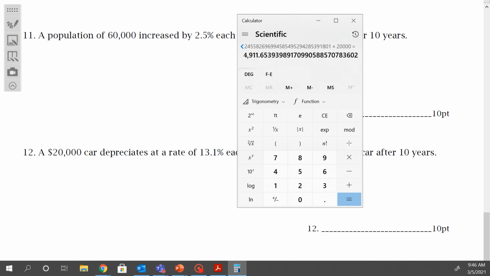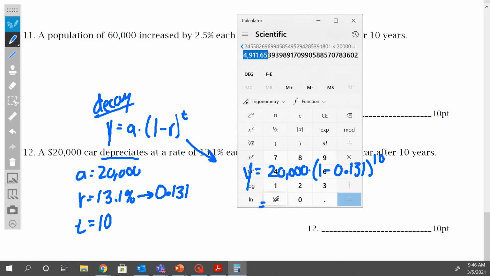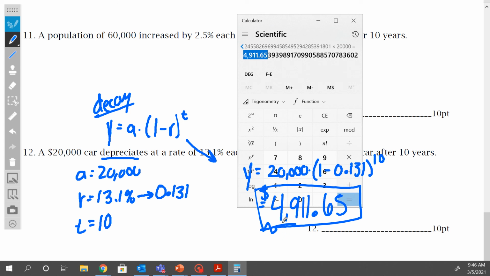Since we're talking about a car, I'll round it to the nearest penny, so $4,911.65. That car is not worth nearly as much as when it started.